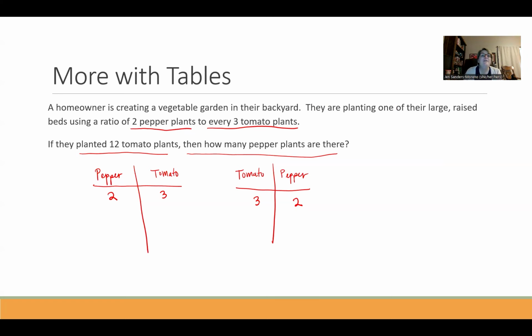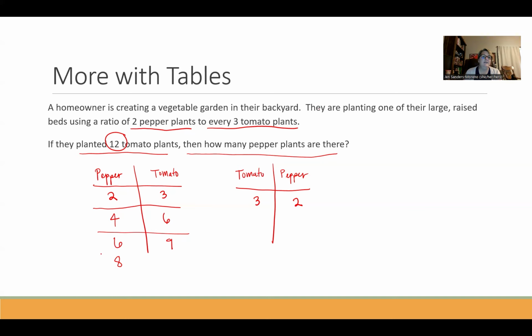Okay. All right, we're going to now try to solve this. If they planted 12 tomato plants, so I need to get to 12. Over here, we'll try the shortcut, but for right now, let's pretend that we just have a student that just wants to power through, wants to just add, add, add. Okay, great. So the next row would be adding 2, adding 3. Adding 2, adding 3.